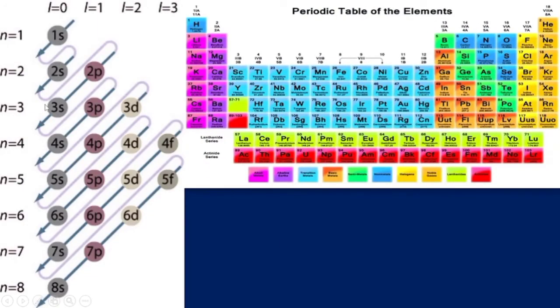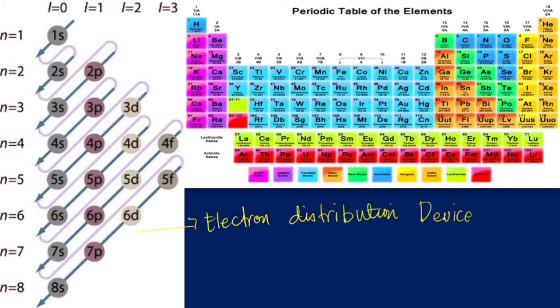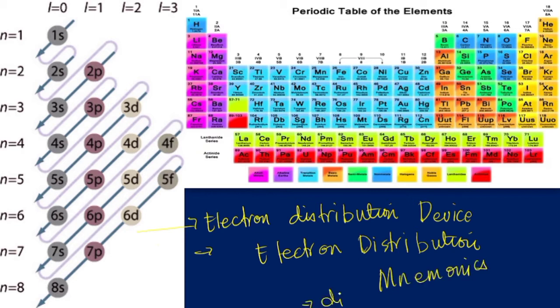So in electronic configuration, we are using this device called the electron distribution device, or sometimes it is called electron distribution mnemonics, or it is also called the diagonal line.